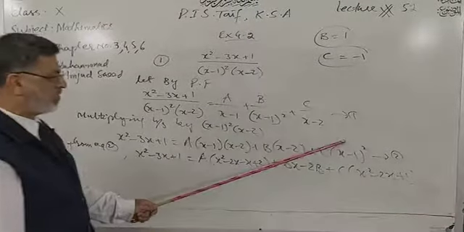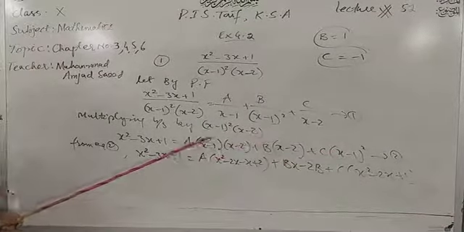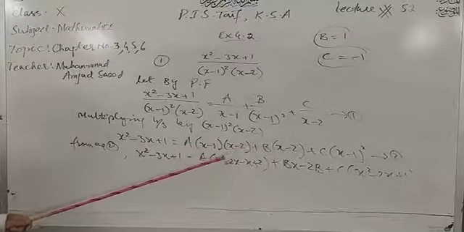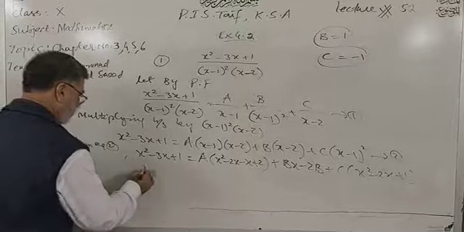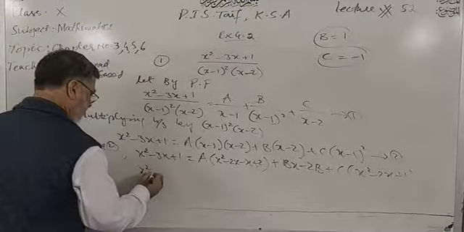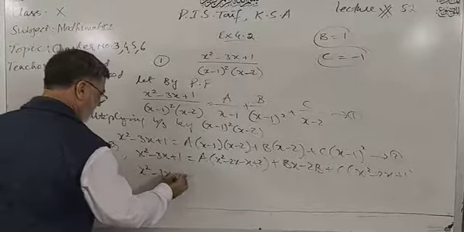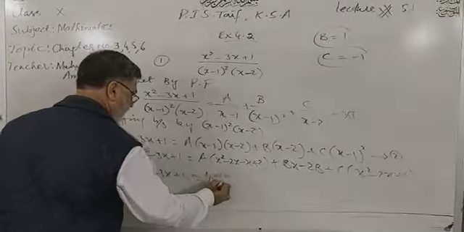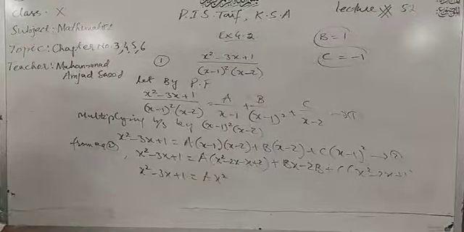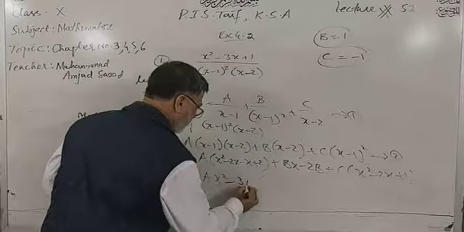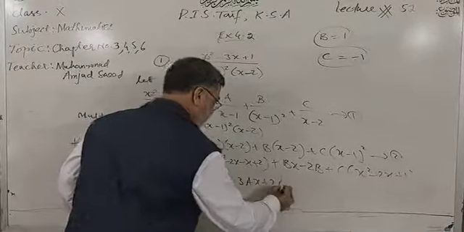Dear students, I have opened the square and multiplied the brackets. Now we will multiply the constants inside. x² − 3x + 1 = Ax², remember that this minus 2x and minus x make minus 3x, so it will be −3Ax + 2A.